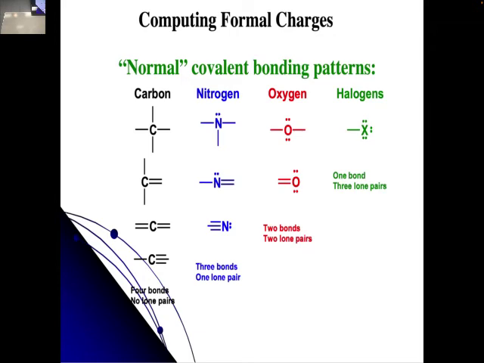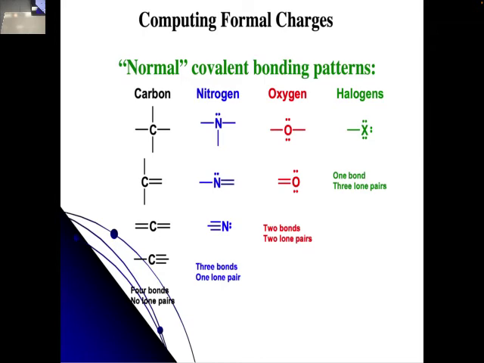All right. You all need to know these bonding patterns. You need to be able to roll these off the top of your head, because you're not going to have enough time to always build a Lewis structure and to always count the formal charges on everything, right? So what do you need to know? You need to know that carbon will form 4 covalent bonds, and it's got 4 ways it can make them.